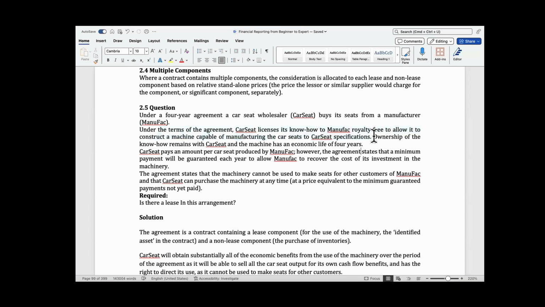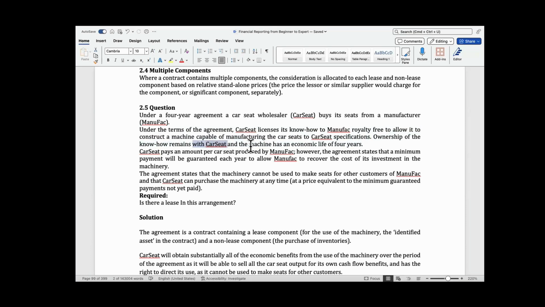And also they said that ownership of the know-how remains with Car Seat and the machine has an economic life of 4 years. So the know-how stays with Car Seat. It has no financial impact here.